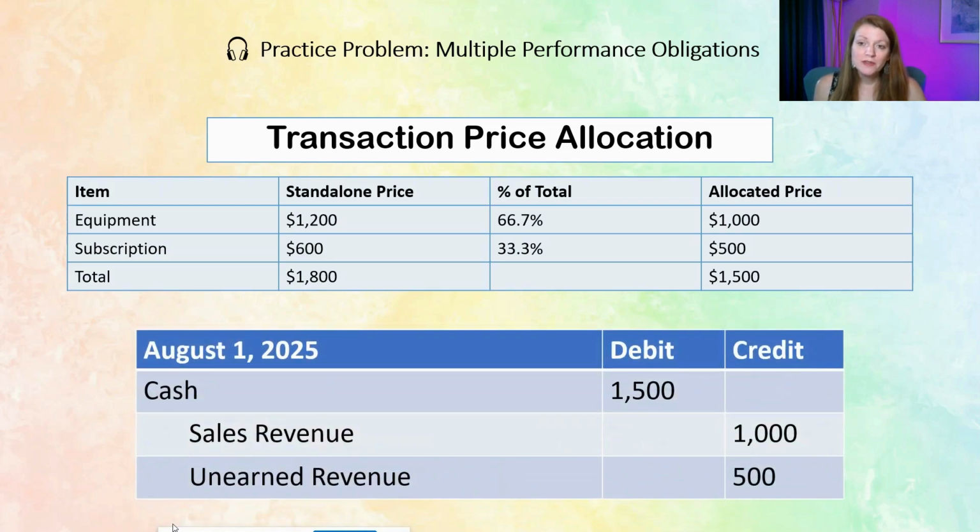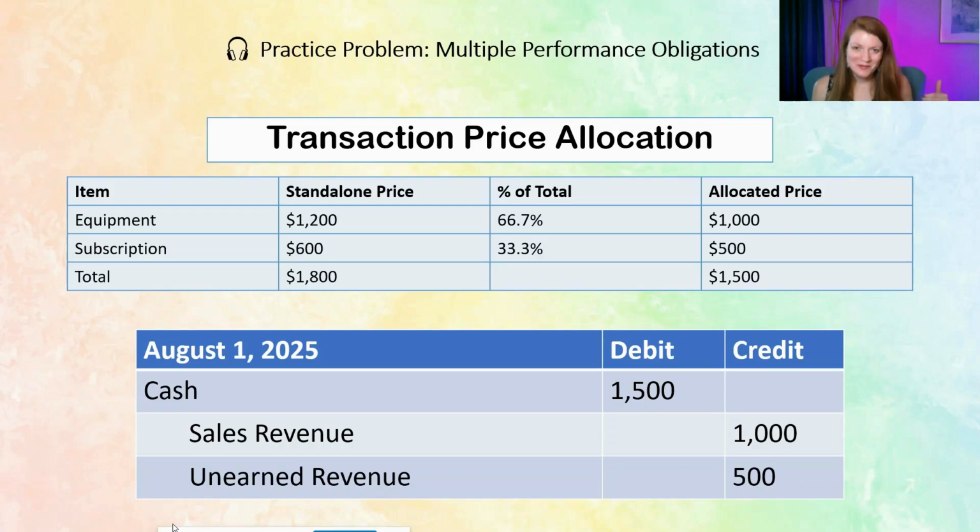So when they actually record the entry on August 1st, they're going to show cash coming in of $1,500. They get to go ahead and show $1,000 of sales revenue because they delivered the equipment. That performance obligation is done. We've done what we have to do. The subscription, however, that $500 will cover the 12 months. So we're going to take the $500 and put it in unearned revenue.